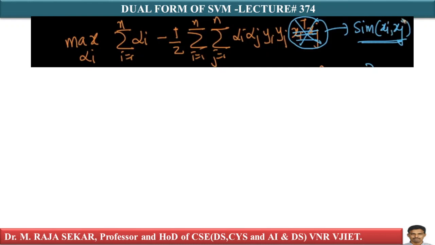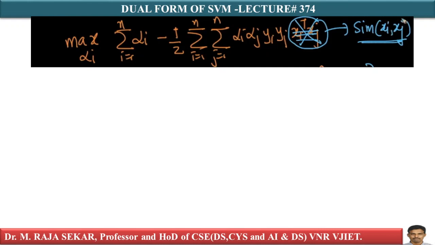I can make this sense in dual form. That's why we often solve the SVM problem in dual form, isn't it? If somebody gave a similarity metric between xi and xj, sim of xi comma xj, I cannot do much with it in the primal form because I need explicit xi's and xj's in the primal form.